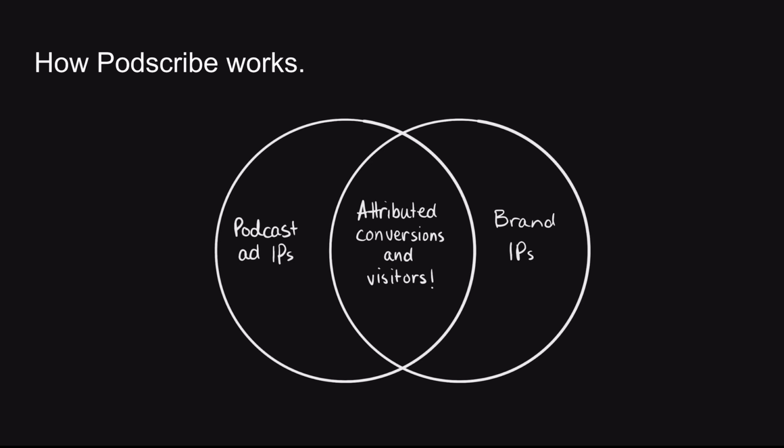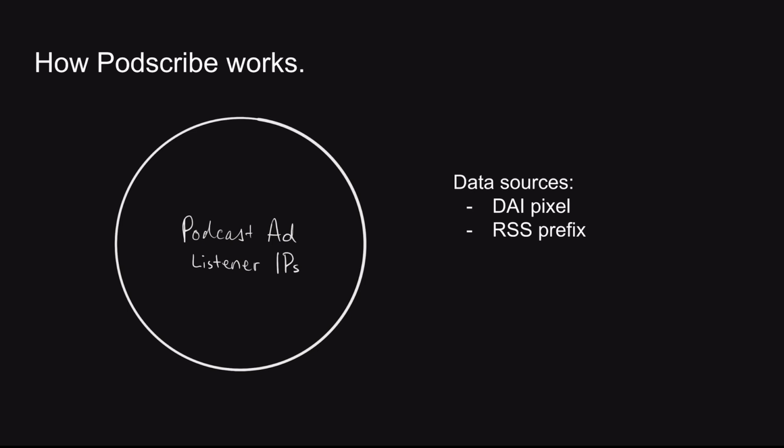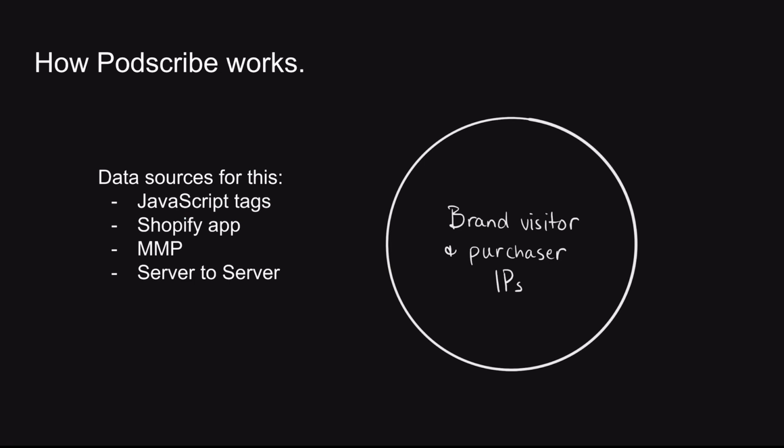We do this by comparing the IPs of the people who purchase with the IPs of the people who download the ad. The source of ad listener IPs for the podcast listeners would be either the DAI pixel or the RSS prefix. And we get brand IPs from JavaScript tags, Shopify apps, the MMPs that are out there, or server-to-server integrations.